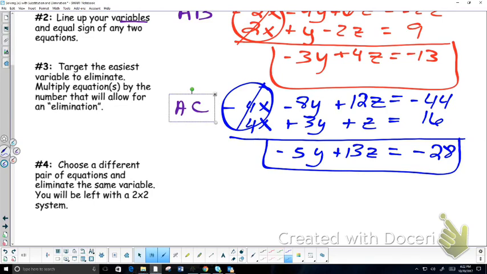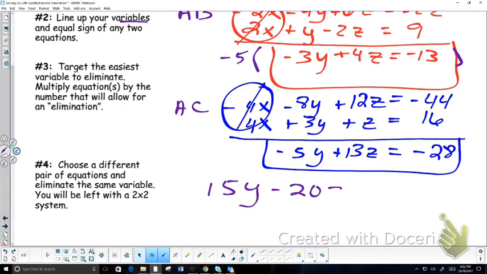Okay, so now what you'll notice is they want you to take those 2 by 2 equations and we're going to eliminate either the y or the z. Looking at that, it really just depends on you, what you think is going to be easiest. I'm going to take this AB equation and I'm going to multiply it by -5. That's going to give me 15y minus 20z equals positive 65.